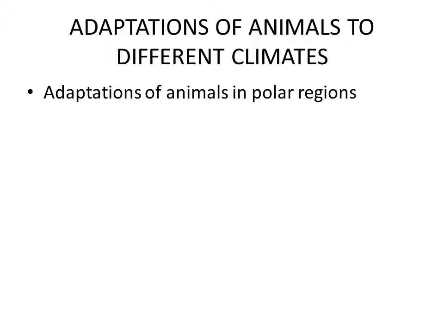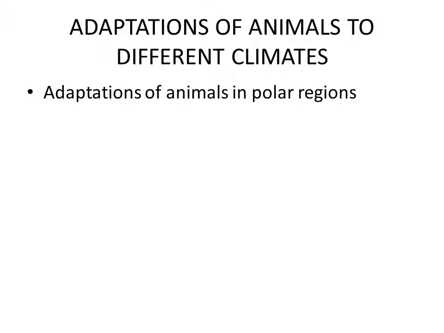Adaptations in polar regions. The polar regions remain covered with snow throughout the year. The North Polar region is also called the Arctic region. Some of the countries like Canada, Greenland, Iceland, Norway, Sweden, Russia and Finland are in the Arctic region.